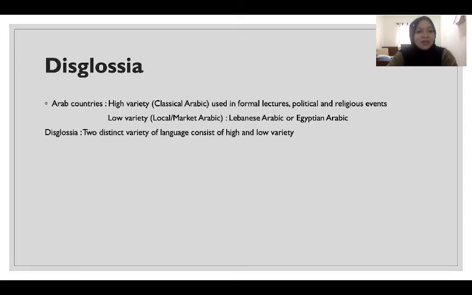When you are at the market, you don't use classical Arabic, but in formal lectures you don't use local market Arabic, due to the nature of the event. Okay, so dysglossia is two distinct varieties of language, consisting of high and low variety.